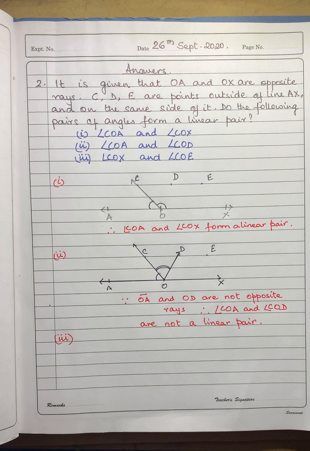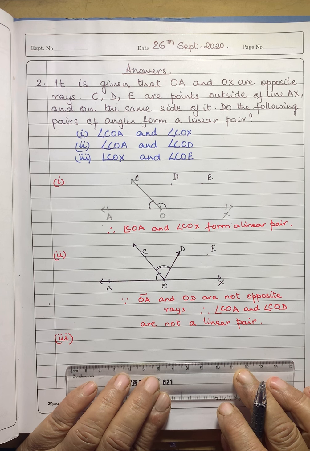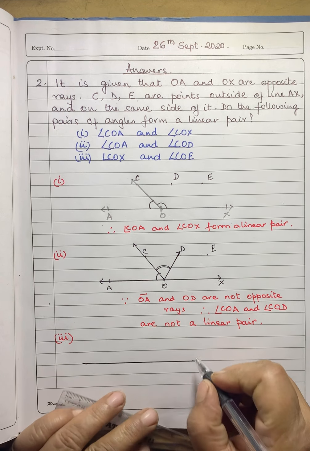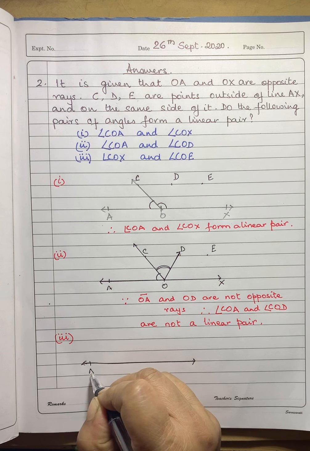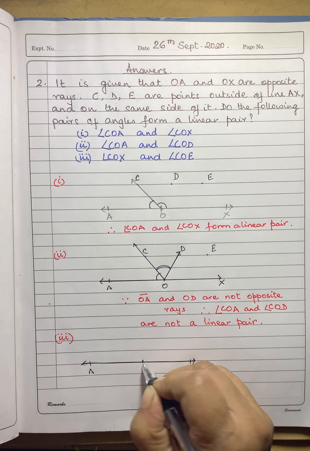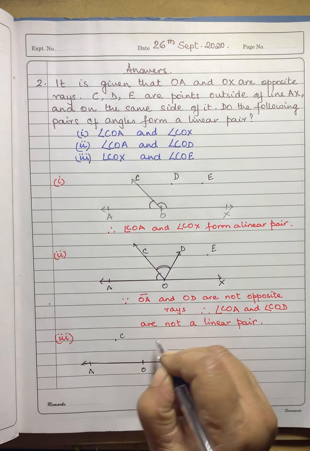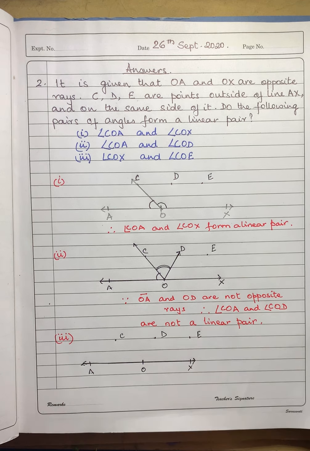In number 3 also, again we will draw the lines. First, the line AX. This is the line AX. Center point of it is O. The 3 points given, C, D, and E, are here.